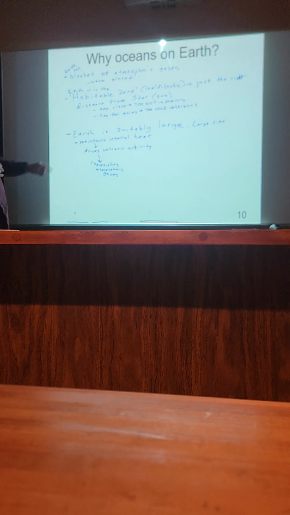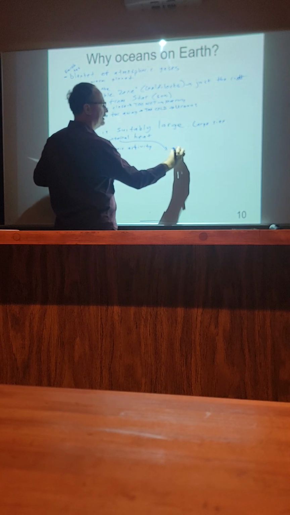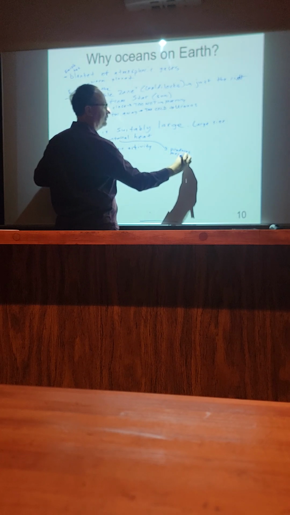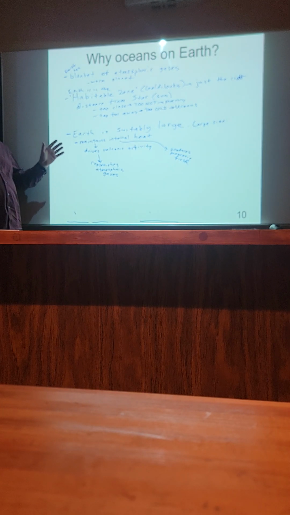And another thing that internal heat does is it produces a magnetic field. As intense energy from the sun rains down on the Earth, it hits our protective magnetic field, making the northern and southern lights.